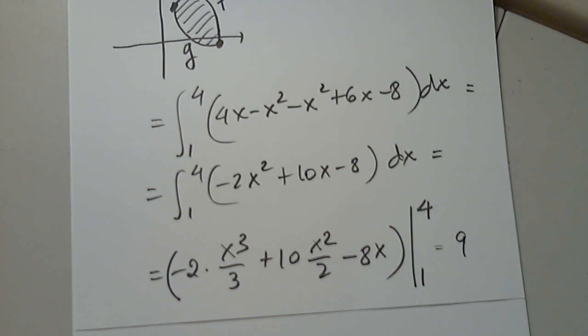We have to find the points of intersection, because without them I do not know how to determine the area. The area here exists between x equals 1 and x equals 4. So I have to graph both, find the points of intersection, and then find the integral.